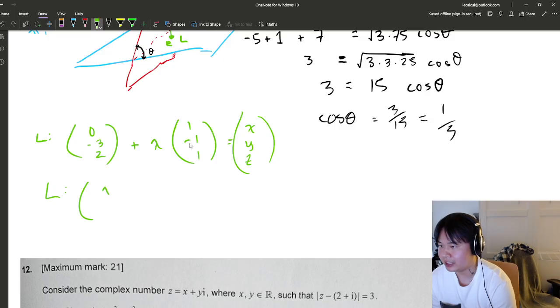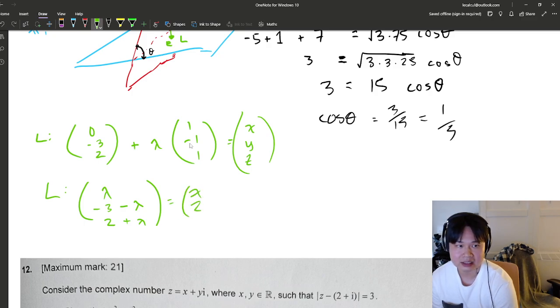So what do we got? We got lambda, negative 3 minus lambda, 2 plus lambda. This is our x, y, and z.